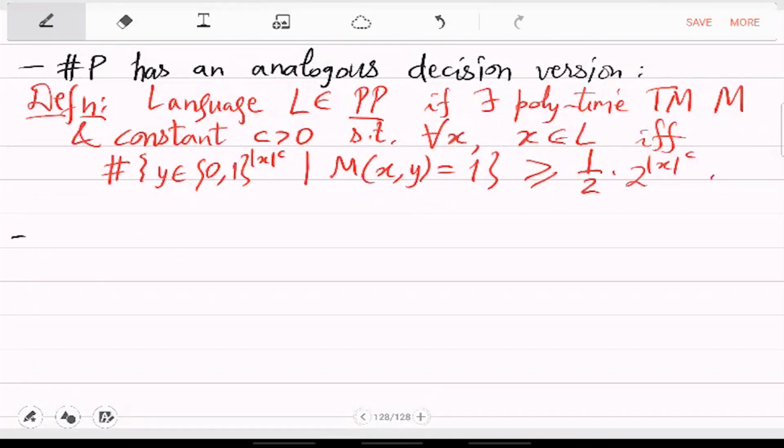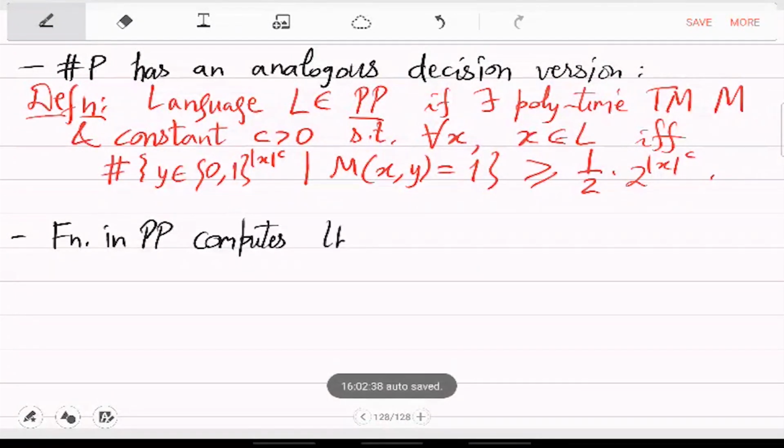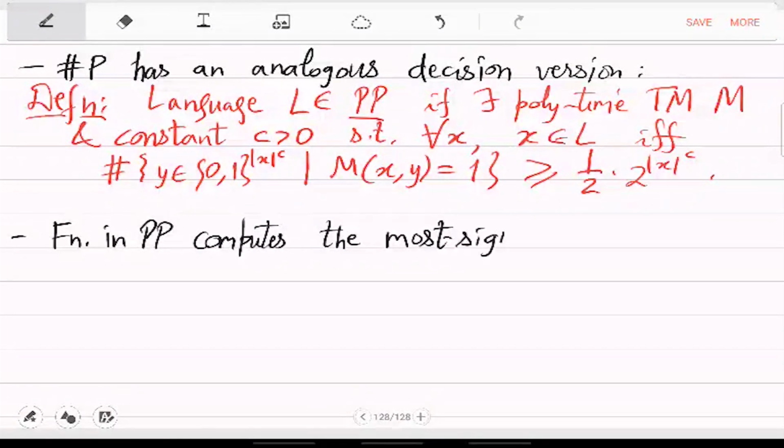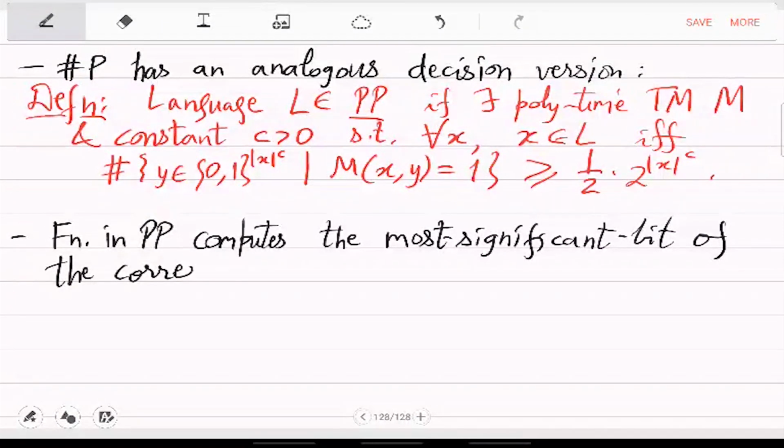So a function in PP computes the most significant bit of the corresponding function in #P.